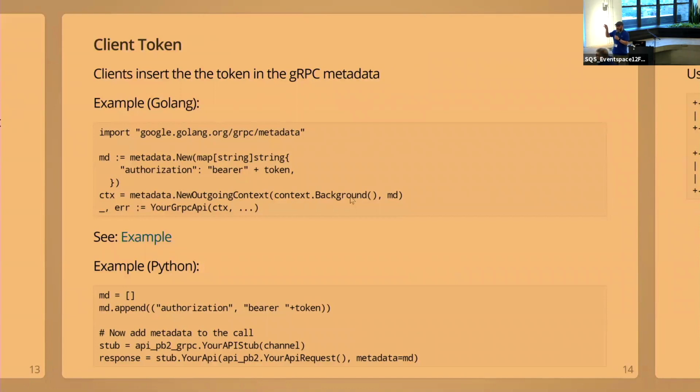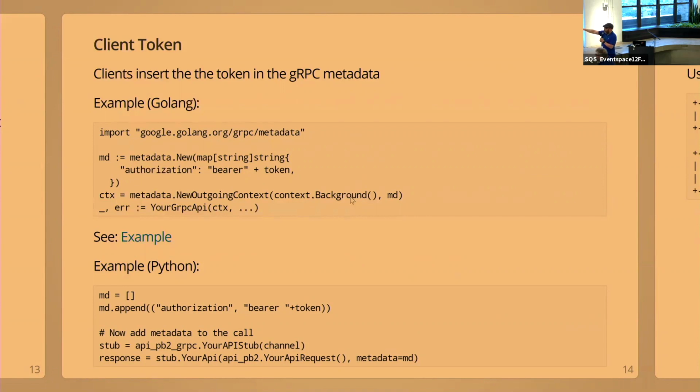So if you've done JSON Web Tokens in REST calls, what you normally do there, which has been a standard for I don't know how many years, is pass it in the header of the REST call in a header called authorization, right? So you kind of do the same thing. Think of metadata for a gRPC call as the header for a REST call, okay?